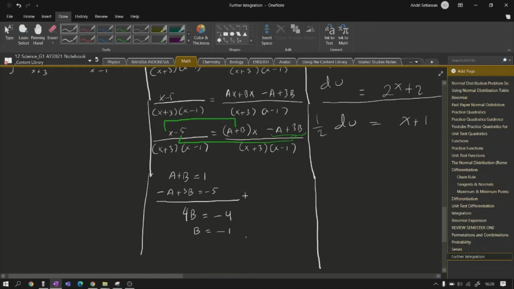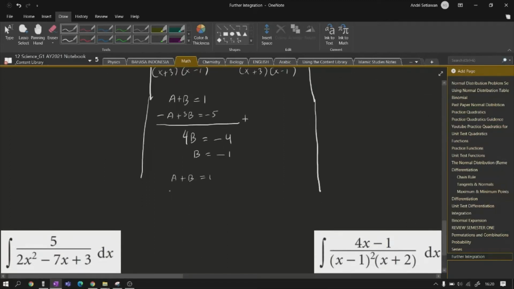This is the value of b. To find the value of a, we can use this equation, a plus b equals 1. Since b equals minus 1, a minus 1 equals 1, so a equals 2.